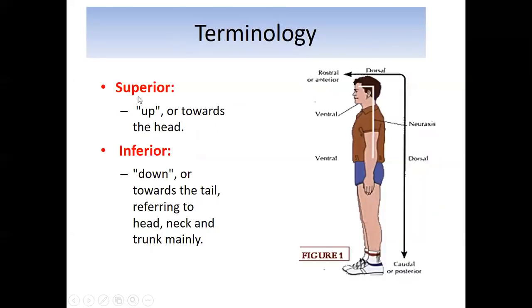And then we have a number of terms that you have to know. You have superior, or up toward the head, and then inferior. Inferior means down, going down, or toward the tail. That is the term that you have to know: superior and inferior.